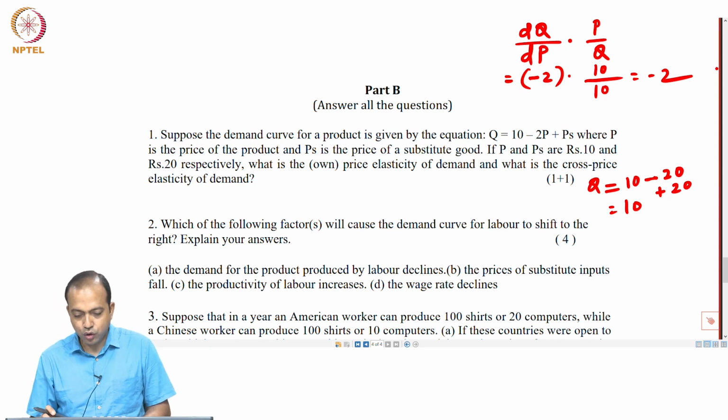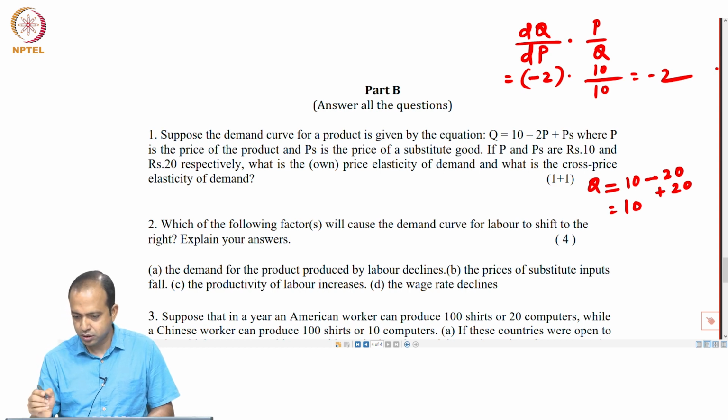And then what is the cross price elasticity of demand? That is basically dQ/dPS. We need to differentiate the equation with respect to PS, but my price quantity ratio remains the same. The price quantity ratio is not changing, but the dQ/dP is changing.